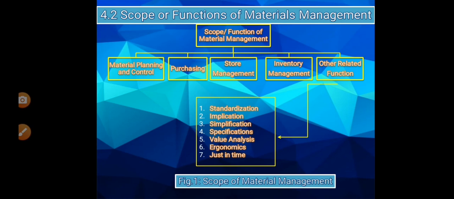Next is the store management. This involves physical control of material, preservation of materials, minimization of obsolescence and damage through timely disposal and efficient handling, maintenance of store records, proper location and stocking.